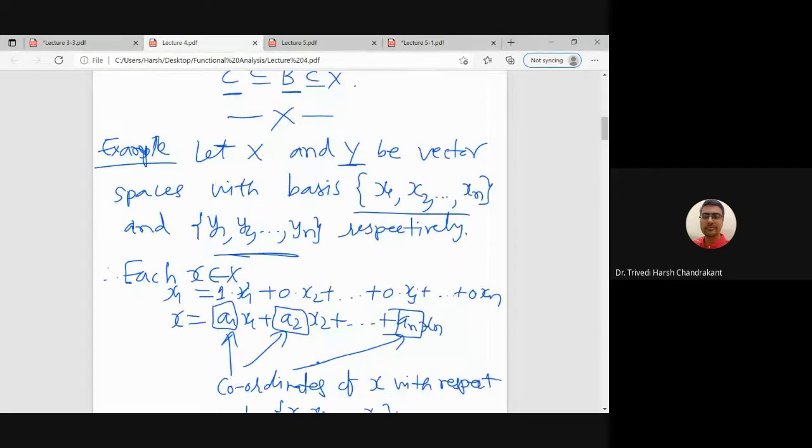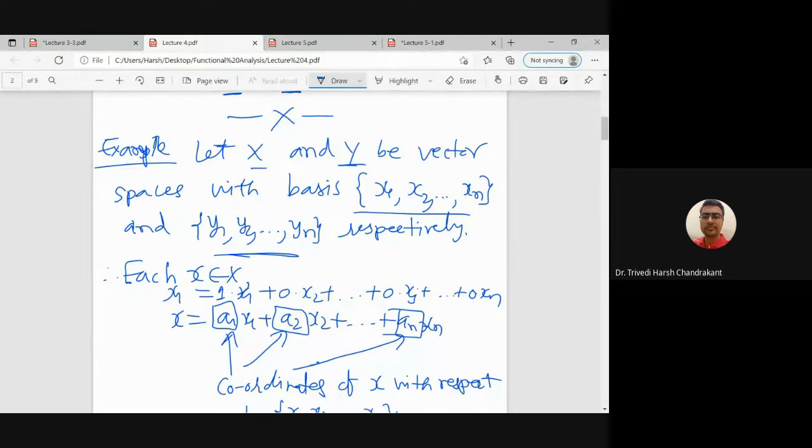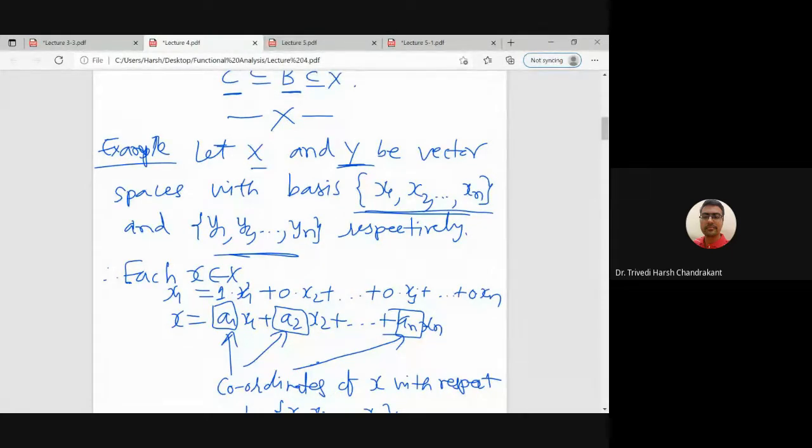So the same thing we are discussing here, that we are having two finite dimensional vector spaces x and y. Instead of Rn, now we have an n-dimensional vector space, so it has a general basis x1, x2, xn, and the codomain is m dimensional, so that means it has basis y1, y2, ym.